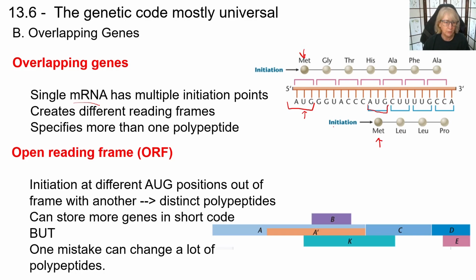We also see open reading frames, which is when the AUG positions are not the first AUG, but alternate AUGs are allowed to start transcription. This does not occur in eukaryotes, only prokaryotes.